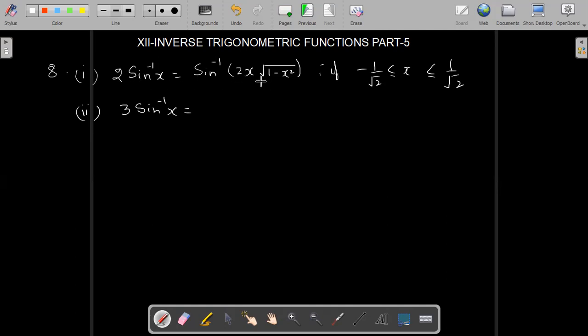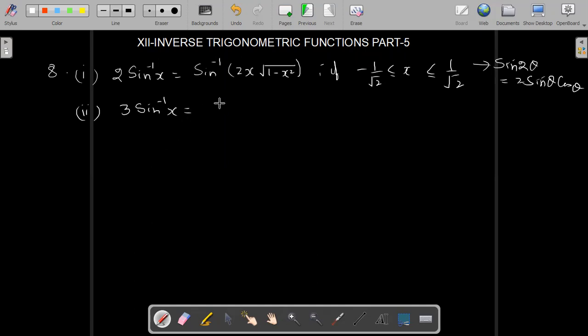You will put here x equal to sin theta, and you can get the same formula sin 2 theta equals 2 sin theta cos theta. This is the proof from sin 2 theta. All class 11 formulas will be used here. How, I will tell you later on. Just finish these formulas, then we will do that.